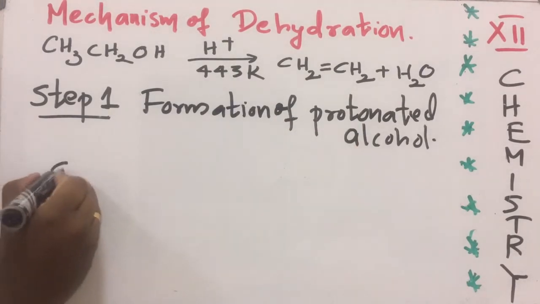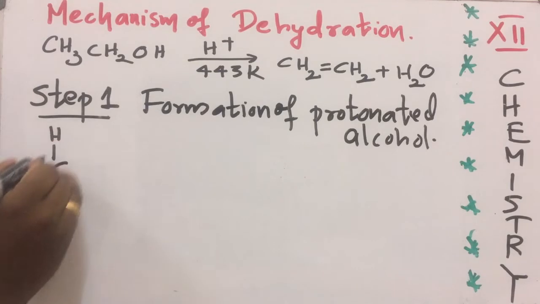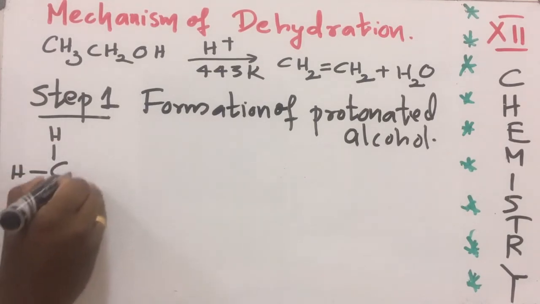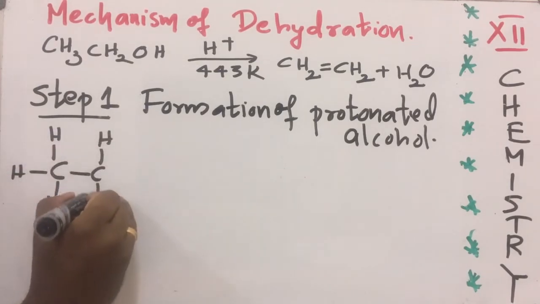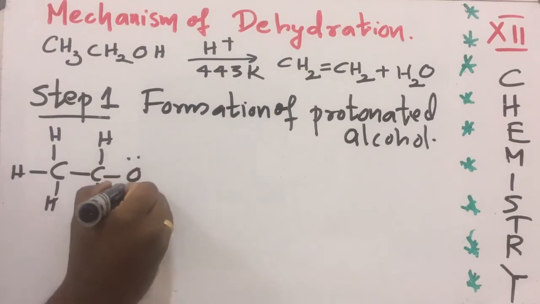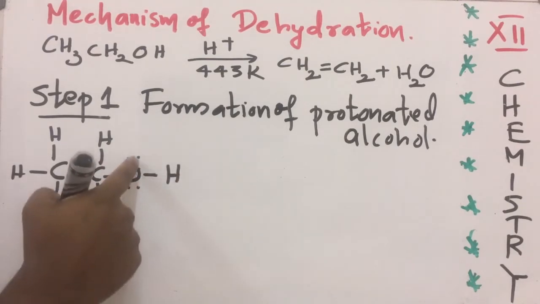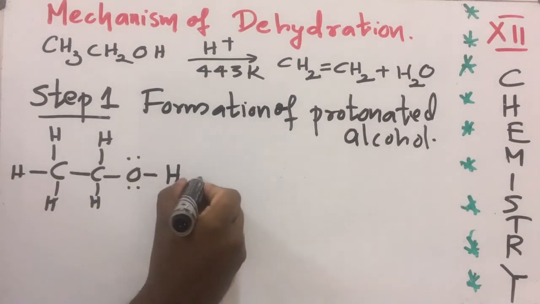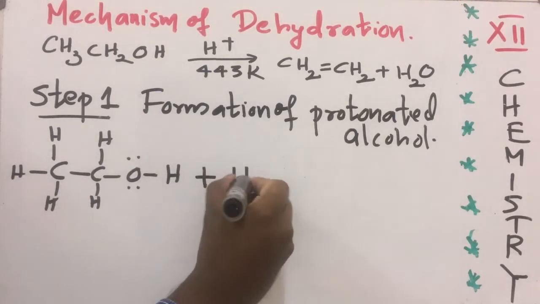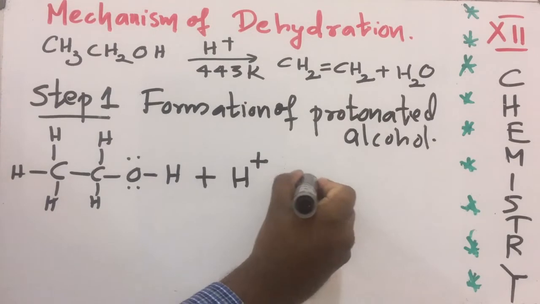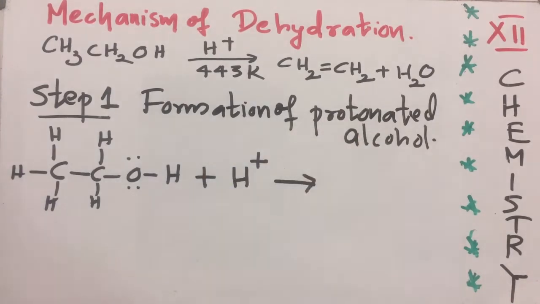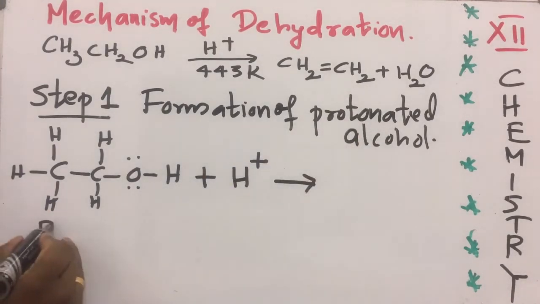Let's see here. Ethanol, CH3CH2OH, having two lone pairs, reacts with H plus to form protonated alcohol. The name of this alcohol is ethanol.